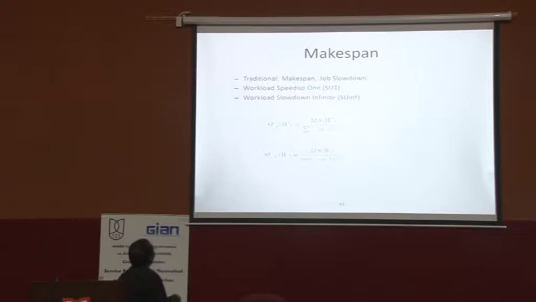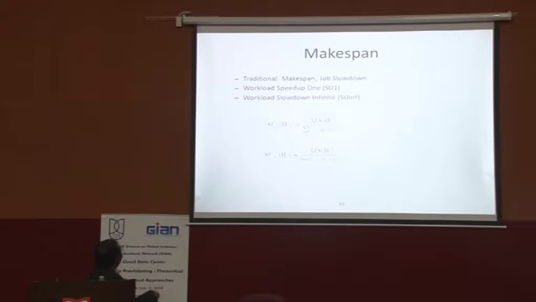But these two deal with these two metrics: workload speedup, this one, and workload slowdown, this one. Now, workload speedup is basically the makespan of the workload, and you find the summation of the workload, and this is the response time of each workload.